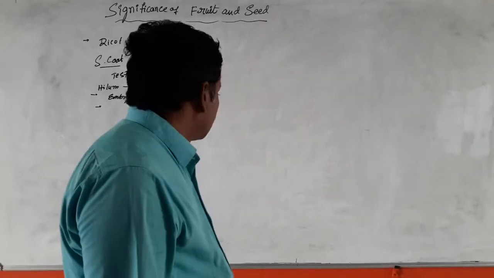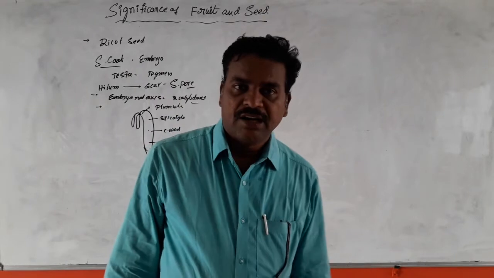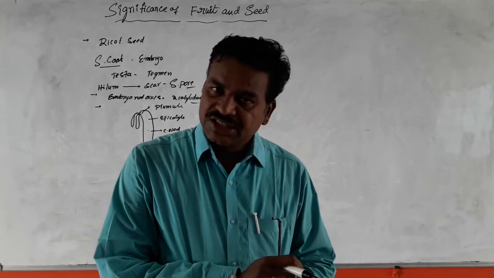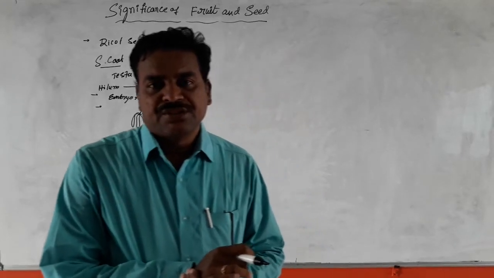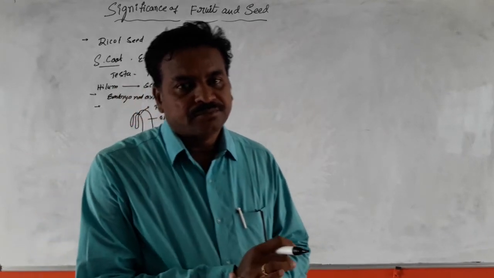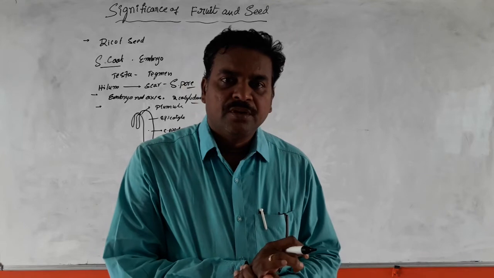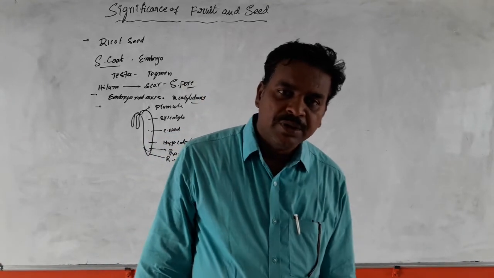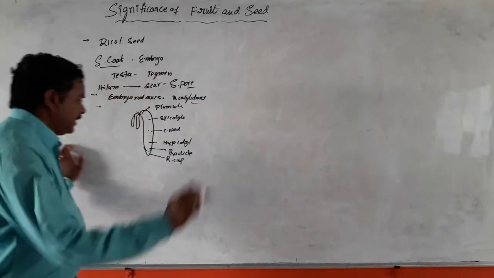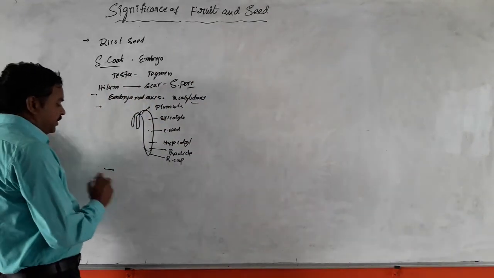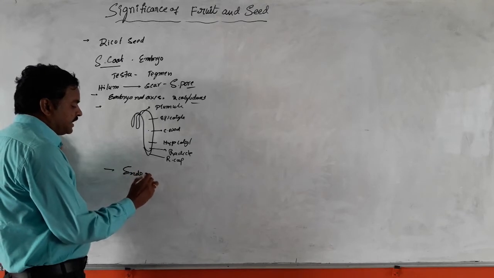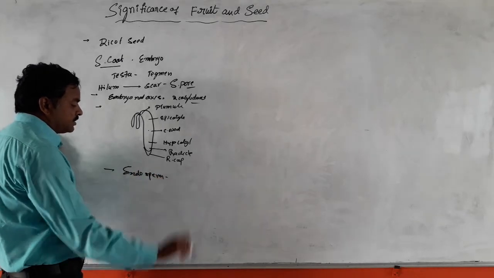Some seeds contain endosperm. They are called endospermic seeds, for example coconut and castor. But in some members, endosperm is absent. Such endosperm is completely absent in seeds, for example groundnut, pea, bean, etc. Exceptionally, endosperm also stores food material in case of some dicotyledonous plants.